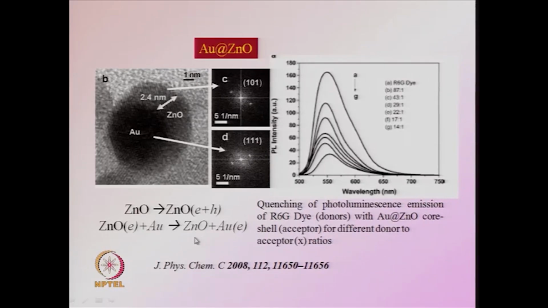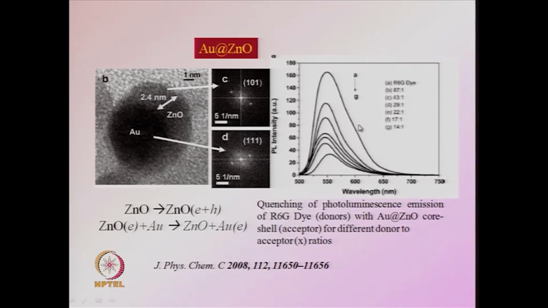Now, when you do a reaction of this kind of particles with something where you have a donor, a dye like rhodamine 6G, this is the dye, and you study the photoluminescence of this dye, then there is quenching of the photoluminescence emission from the dye.